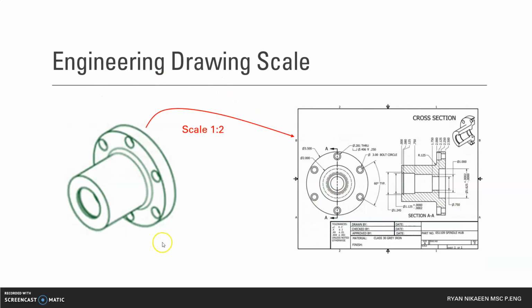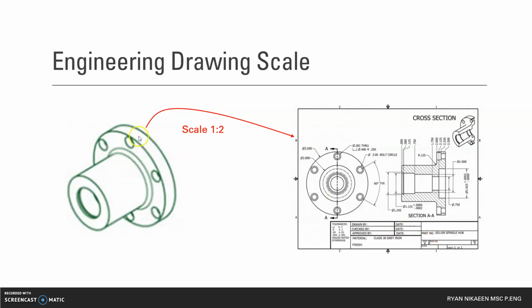When we talk about engineering scale, we're talking about shrinking the original views, the full size views, of any part to fit it on a drawing sheet. For example, in this case, the diameter of this cylinder is 3.5 inches. Now imagine when you want to draw it on a sheet, you cannot fit it.